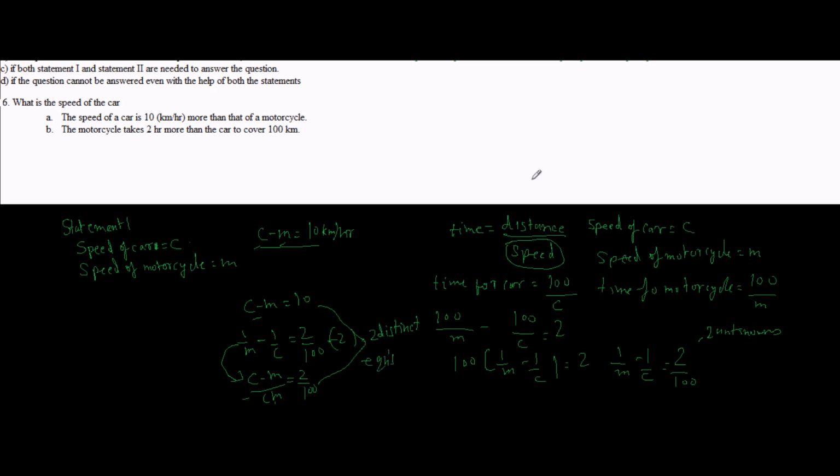So since they are two distinct equations, we can say that it must be solvable, because two unknowns, two equations. We don't exactly need to solve these equations to find out whether they are solvable or not. So I would mark option C and move on.